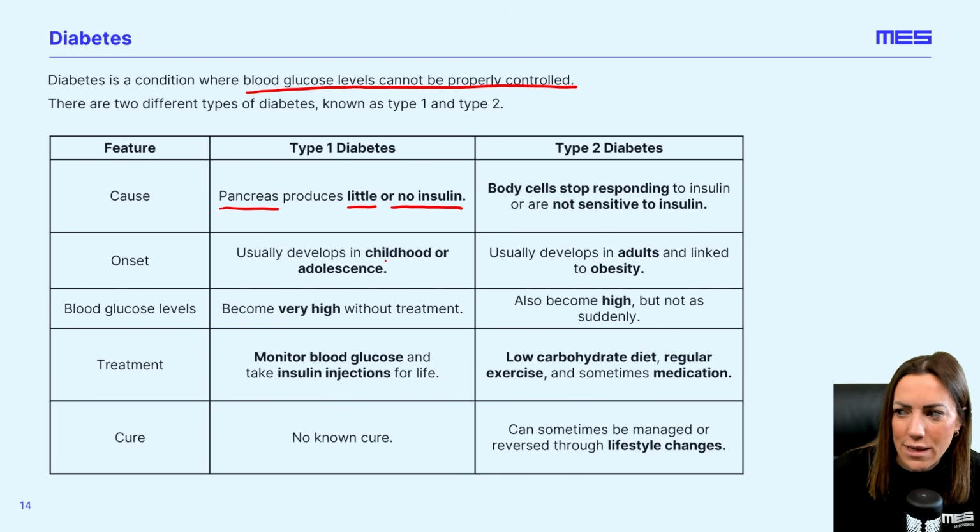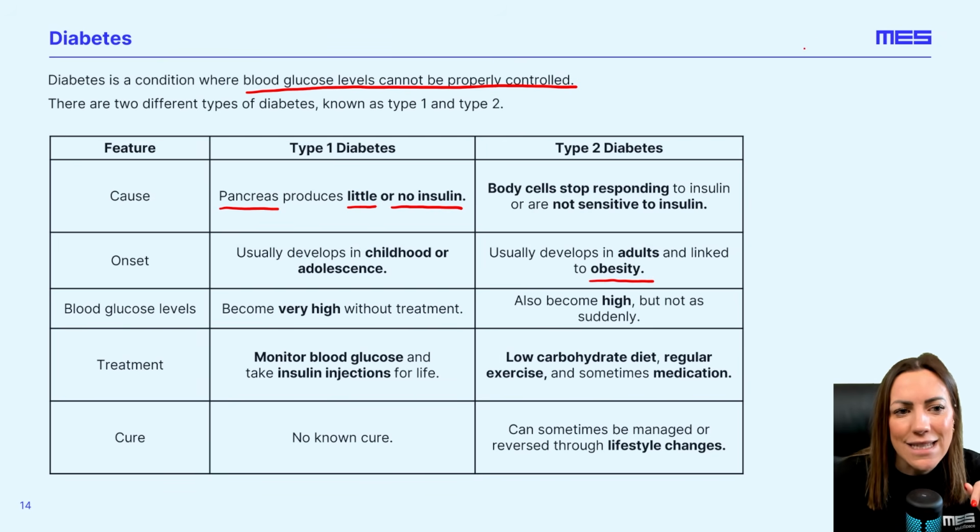Now, type 1 diabetes usually develops in childhood or very early adolescence, whereas type 2 usually develops later on in life in adults, and it is linked to certain risk factors such as obesity.